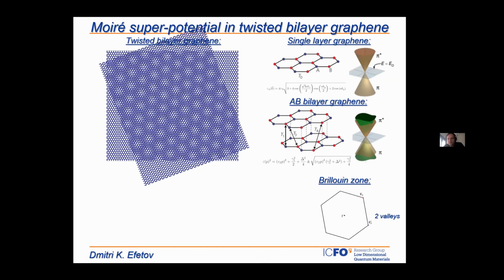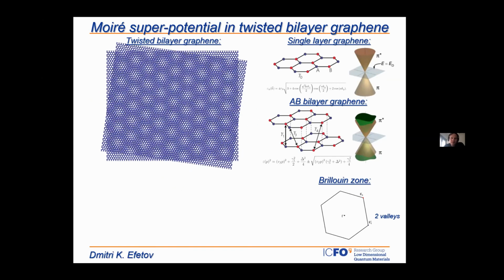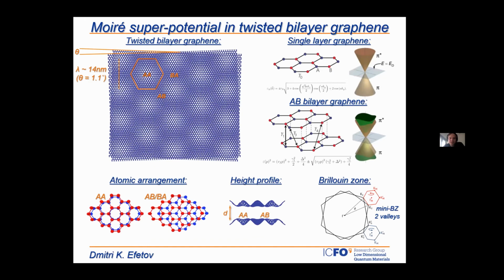As you can see, there is a superimposed potential between the two layers, which is defined by the geometric interference between the top and bottom layer. This lattice is called the Moiré superlattice.